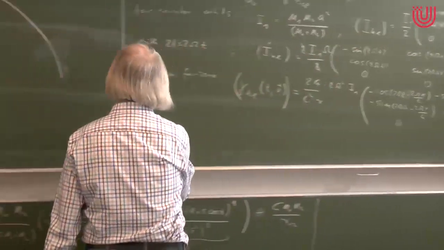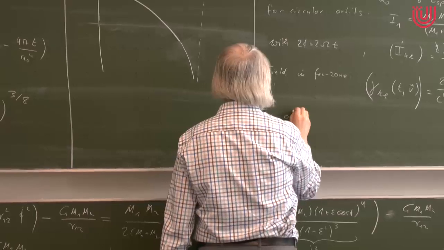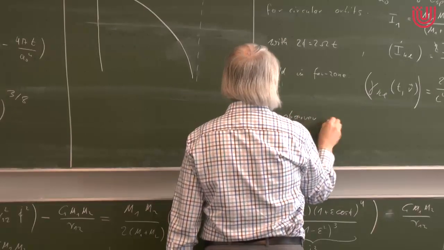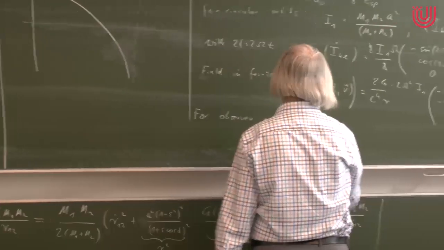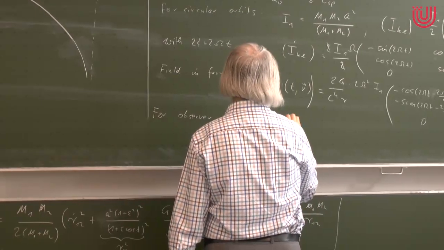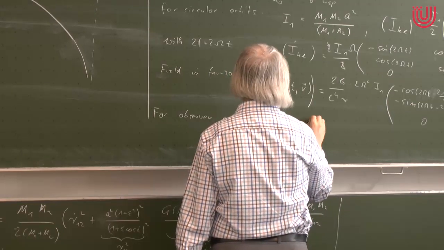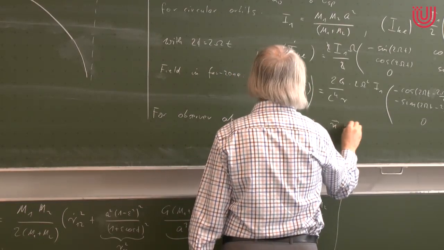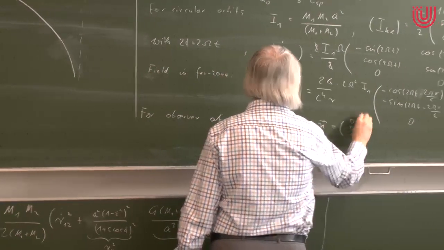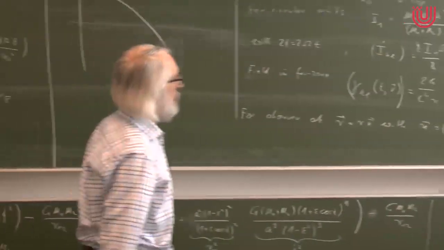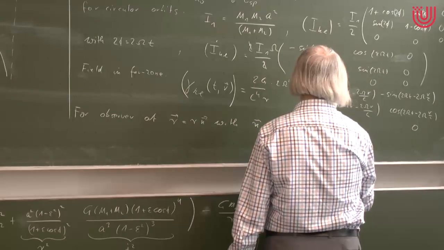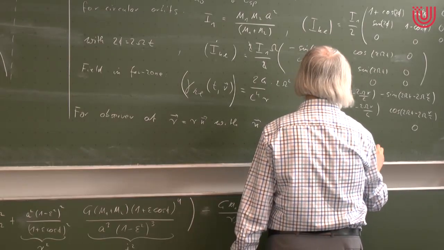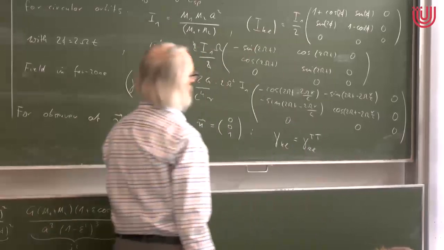So for an observer at r times n, that's a unit vector, we read from this expression that gamma KL is the same as gamma KL transverse traceless.